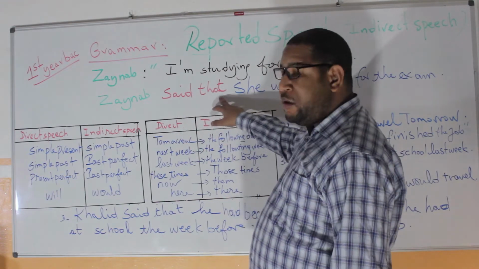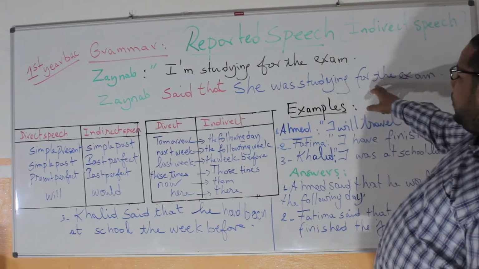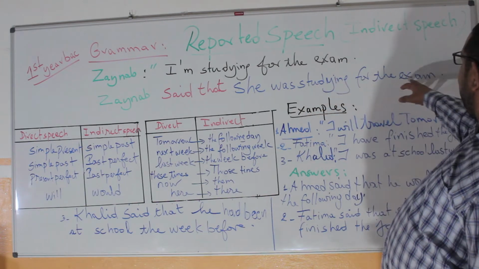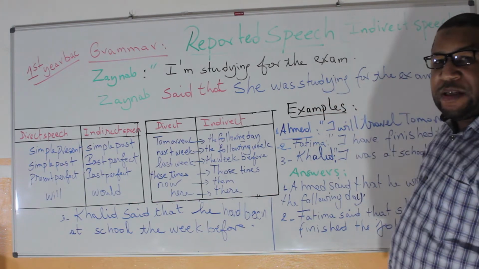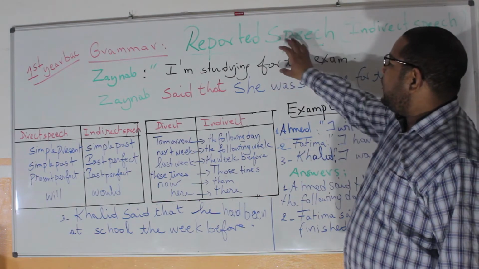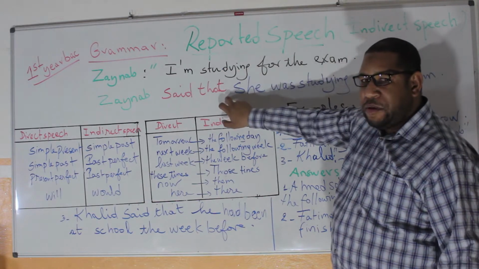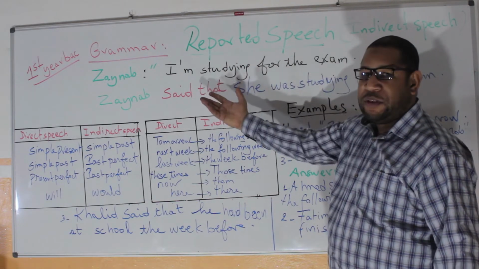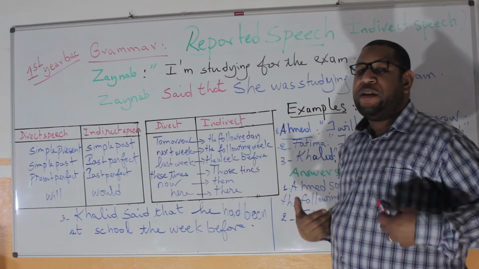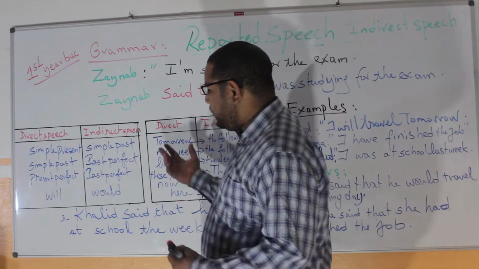She said that she was studying for the exam. So what did I do? I take this direct speech and report it as indirect speech, because here we don't have Zainab, so I report it. But again, we have two speeches.